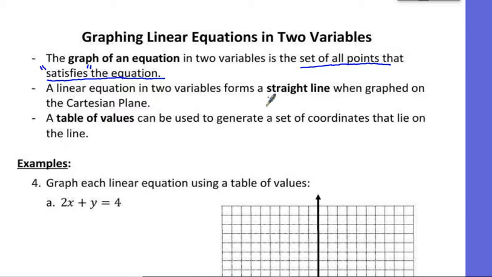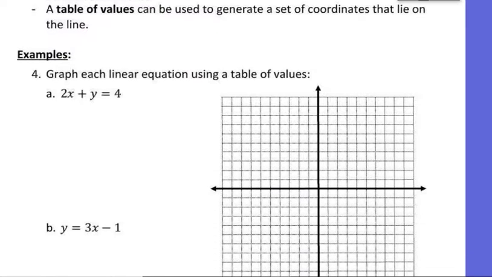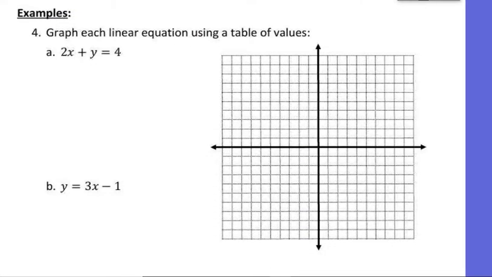That's what it means by satisfying the equation. A linear equation in two variables will form a straight line when graphed on the Cartesian plane, and the table of values is one way to generate the set of coordinates that would lie on that line. In example 4, we'll take a look at doing just that.